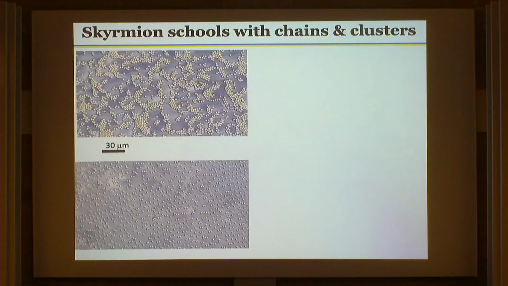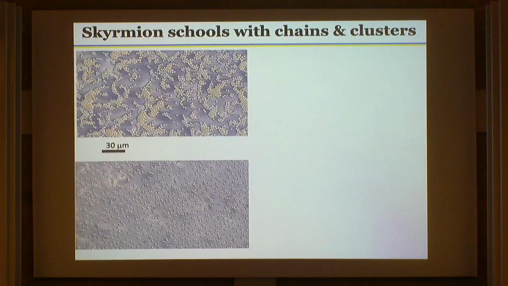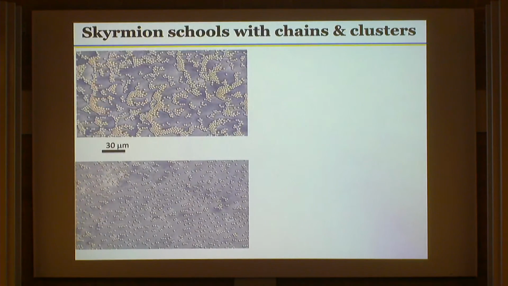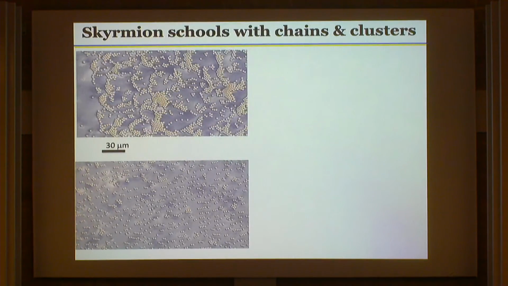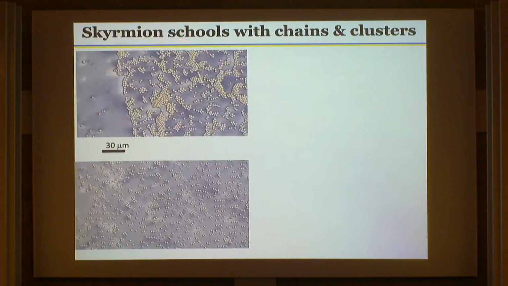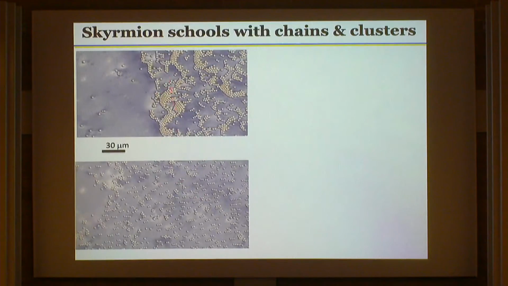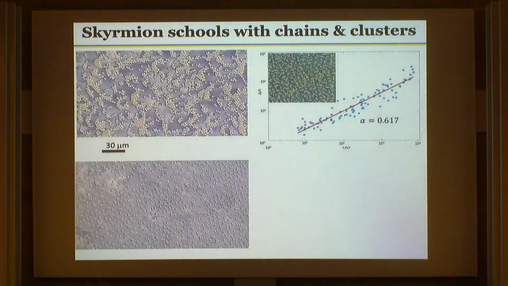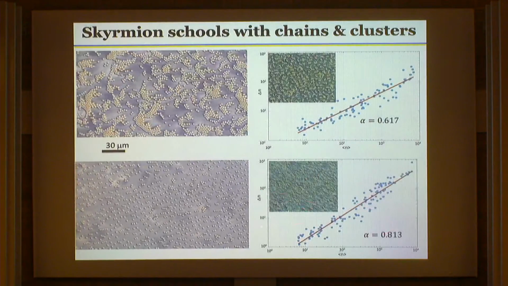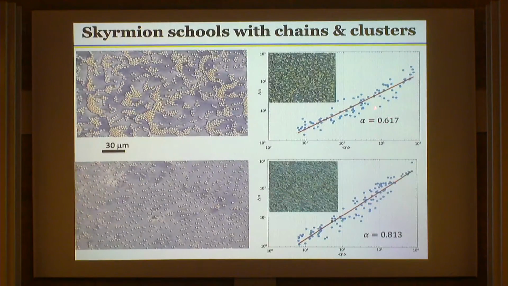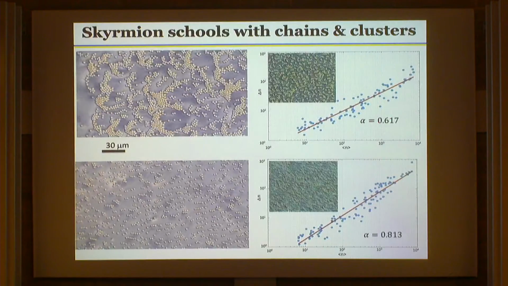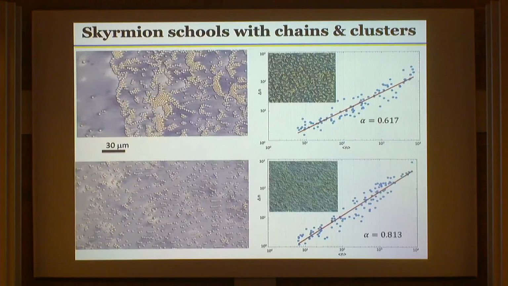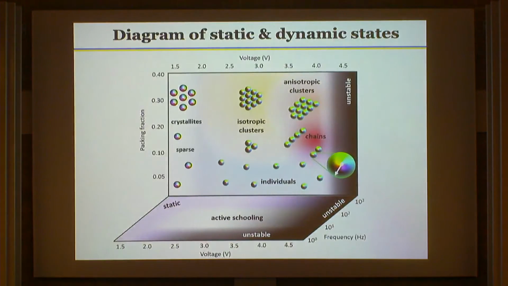On the other hand, as we change voltage and also the density of skyrmions, we can see that they start clustering, and those clusters can be either relatively isotropic or more chain-like. And under these conditions, again, we see evidence for giant number fluctuations with slightly different values of alpha.